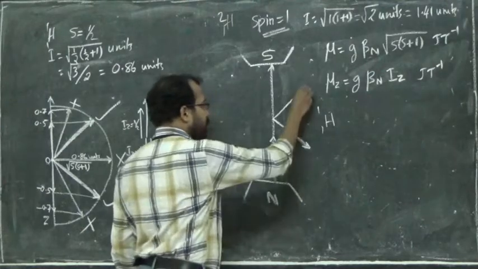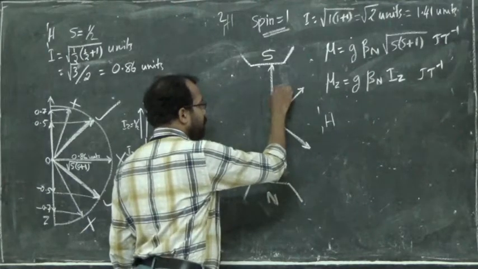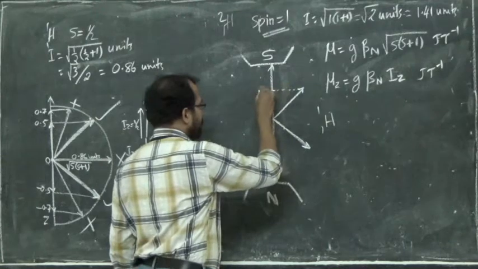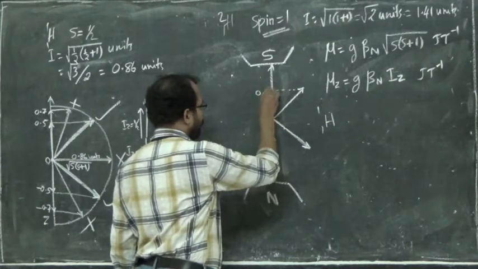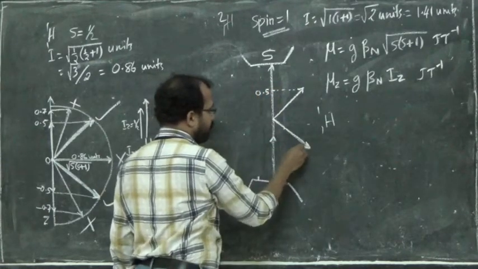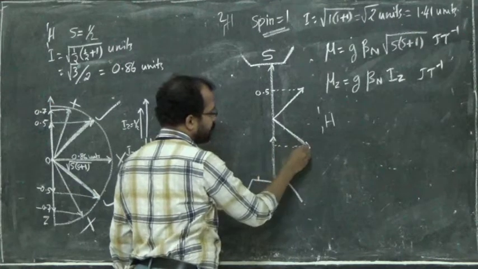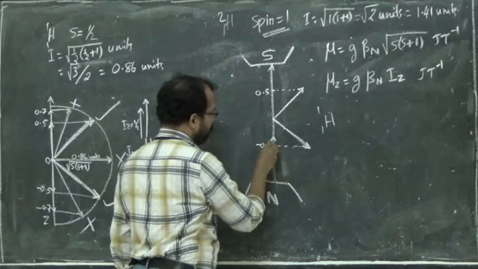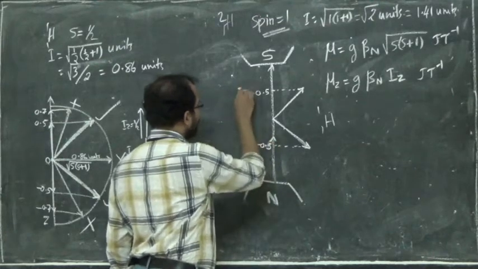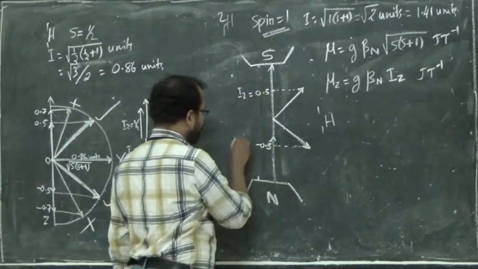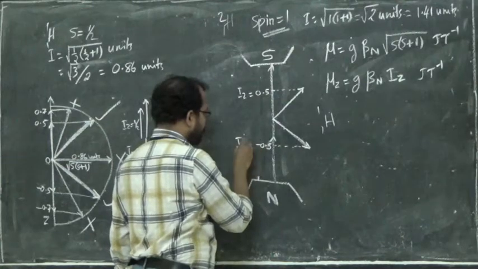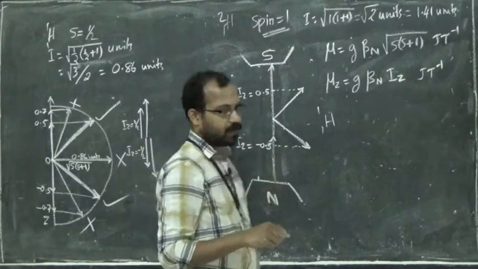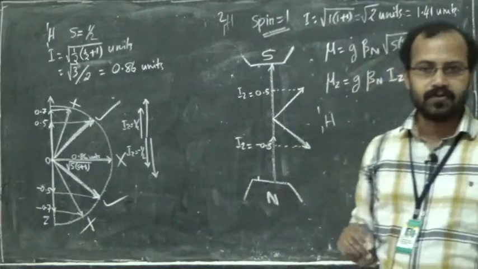And now we know that the component of this one in the reference direction is 0.5, and the component of this one in the reference direction is minus 0.5. These are the IZ values. IZ is equal to 0.5 and IZ is equal to minus 0.5. These are the two possible IZ values.